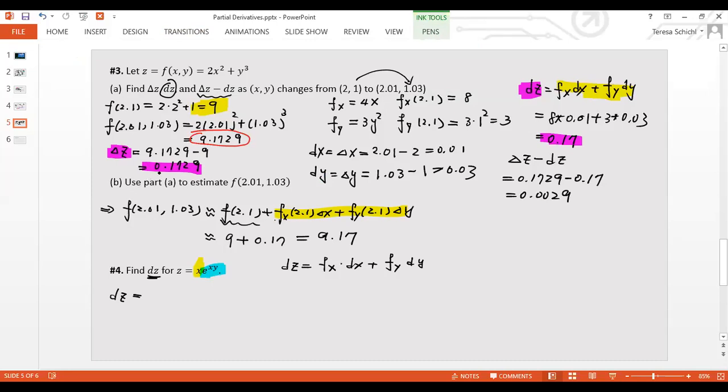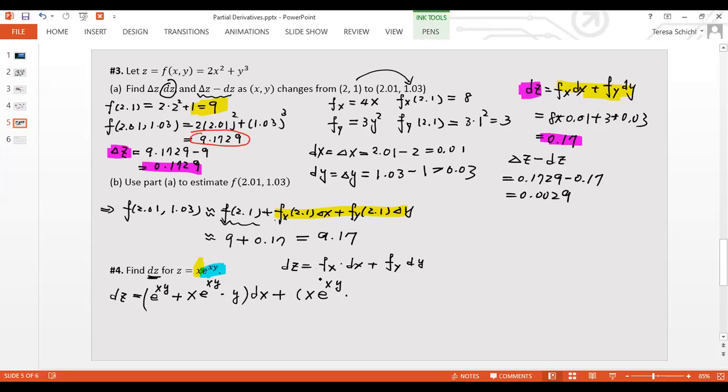When I use the product rule, I need to take the derivative of x while holding e^(xy), which will be just itself, plus hold the first one, x, and take the derivative of e^(xy), which will be itself. And don't forget the chain rule. So it's y, then the whole thing is dx, plus dy, so this will just be e^(xy).